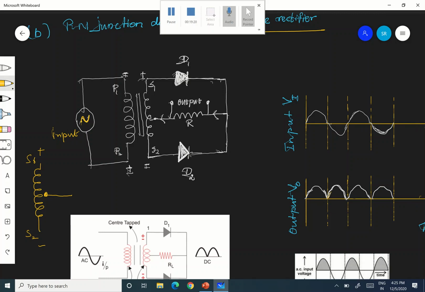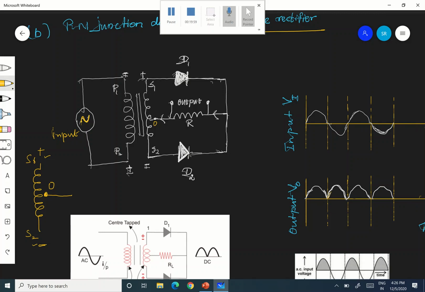Let the mid tap be called O. At this time, O will have less potential, less positive when compared to S1, and more positive when compared to S2. Why? Because S2 is negative; as you come from S1 to S2 the positive value decreases, and S2 becomes a negative potential. Therefore the potential of O will be less than S1 and more than S2.